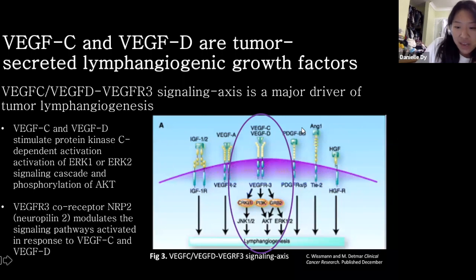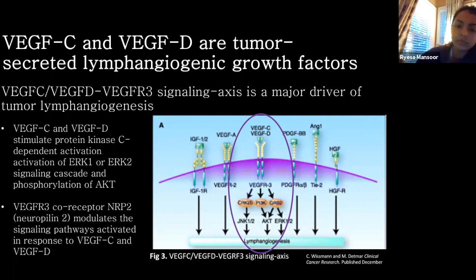As you can see from the diagram, the ligand fits into VEGFR3, a transmembrane receptor. This is nitty gritty molecular stuff, but it activates a downstream signaling pathway, which ultimately leads to lymphangiogenesis. So you have survival of LECs, migration, as well as proliferation of those lymphatic endothelial cells.